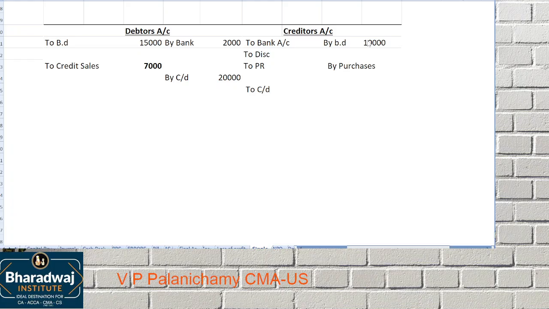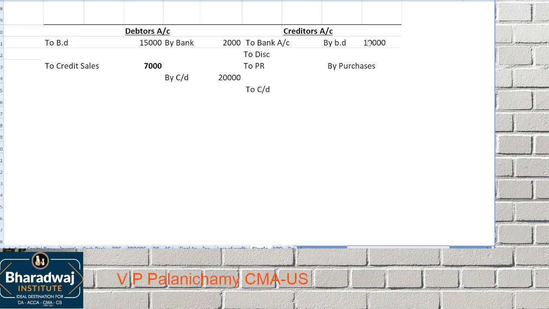Opening stock plus purchases minus, of course, closing stock. How much is the opening stock, plus how much have you purchased, minus closing stock. Closing stock is given in the last line. Last 3 lines. 4,000. This is your cost of goods sold.